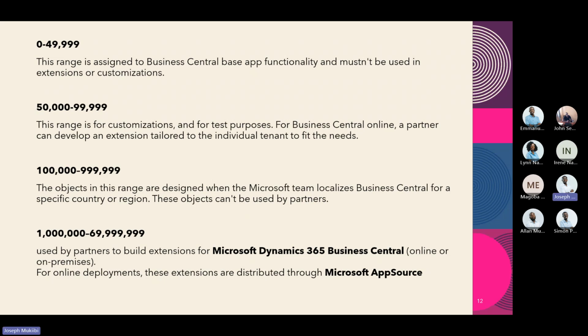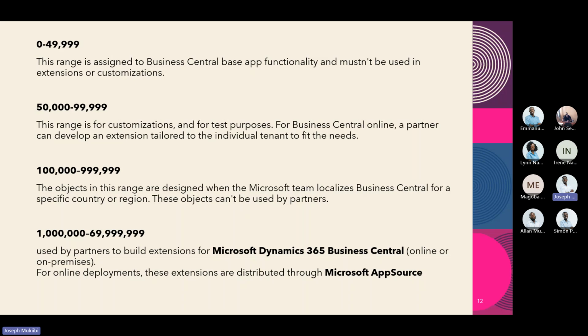This range is for customization and testing purposes for Business Central Online. A partner can develop an extension tailored to an individual tenant to fit its needs. We have used such a range on Roam, and I think also on NEMA.